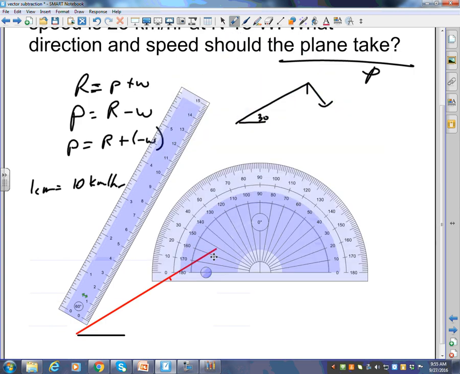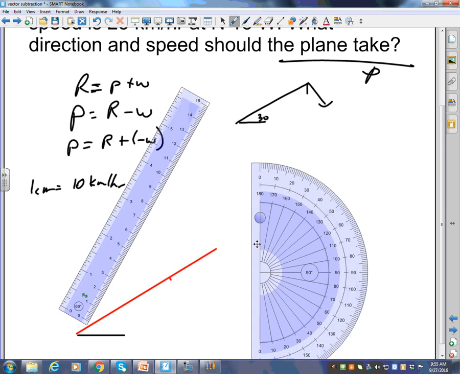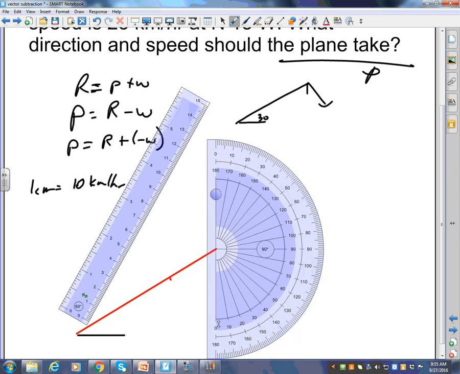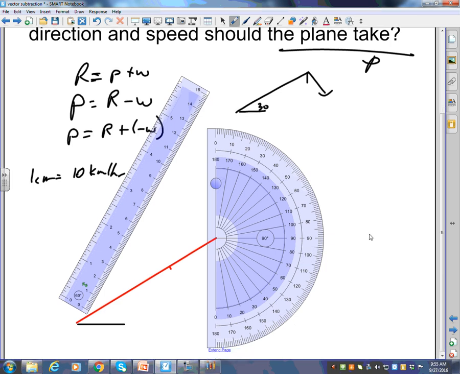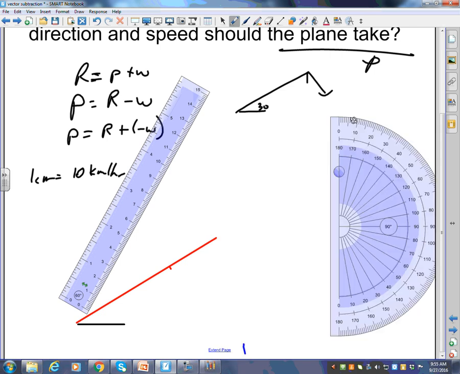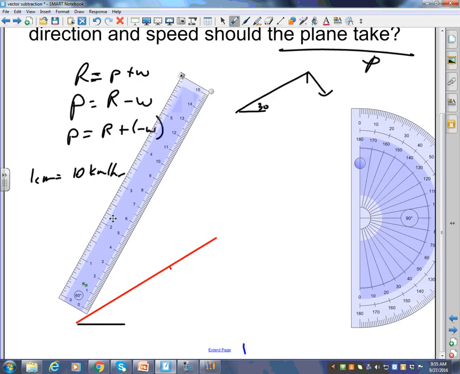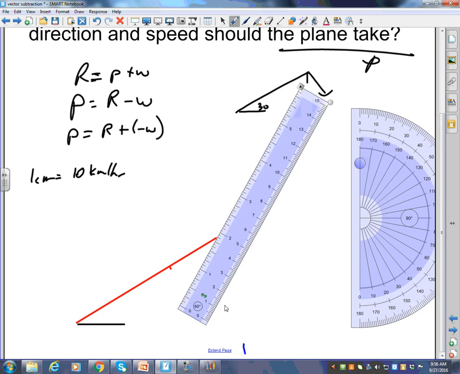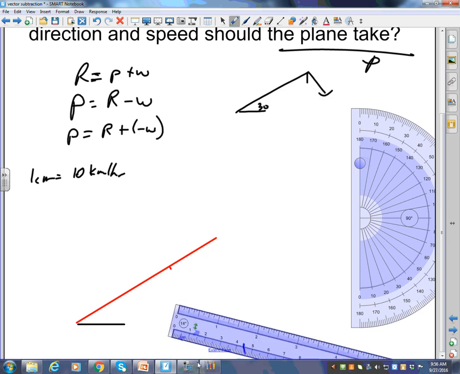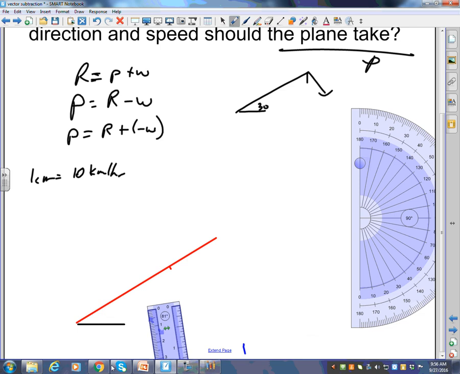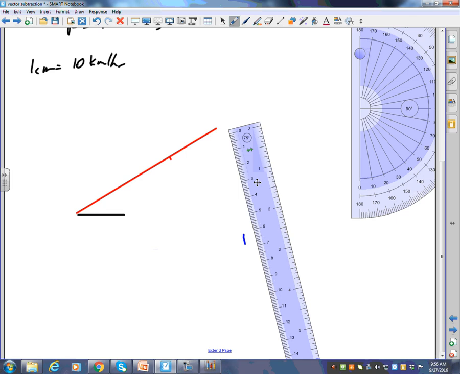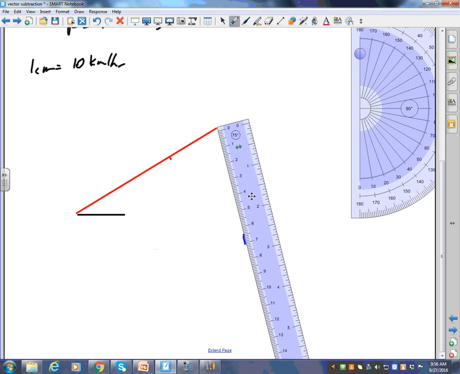South 15 to the east. And it's 25, so 2.5 centimeters.